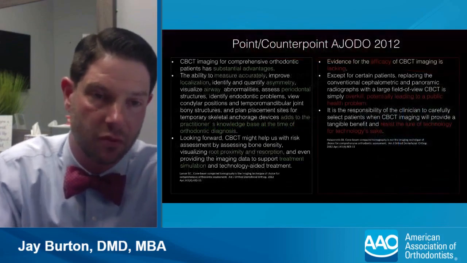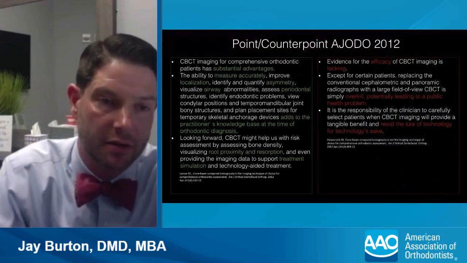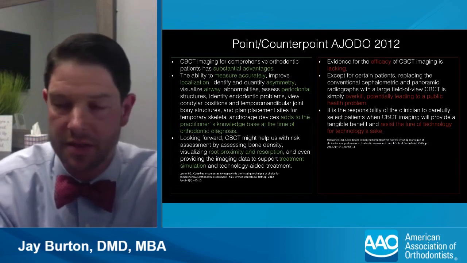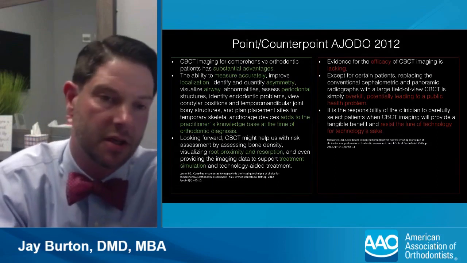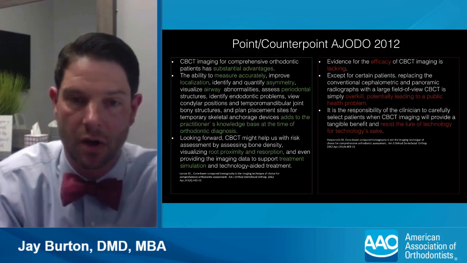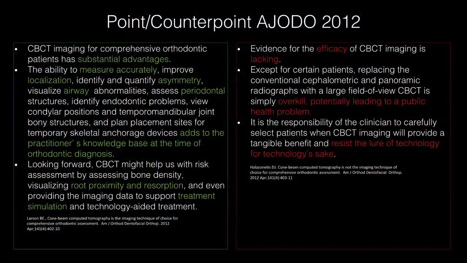The first was the point and counterpoint in the AAO back in 2012. The point was that CBCT offered substantial advantages. It allowed us to measure more accurately, so forth and so on. The counterpoint was that the efficacy of the technology was lacking, that it was simply overkill, potentially leading to a public health problem, and that we should resist the lure of technology for technology's sake.